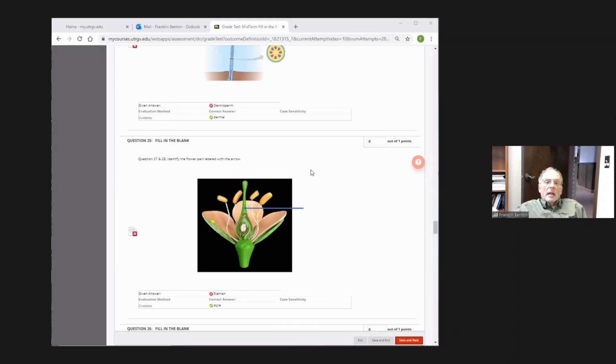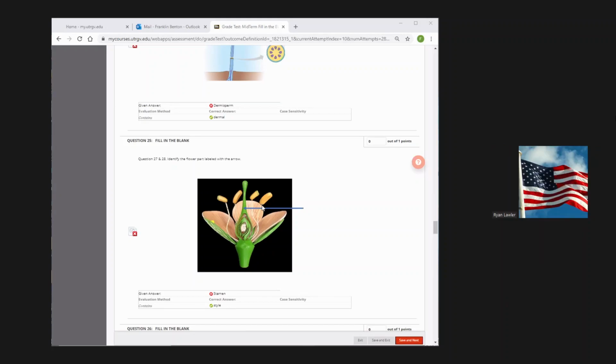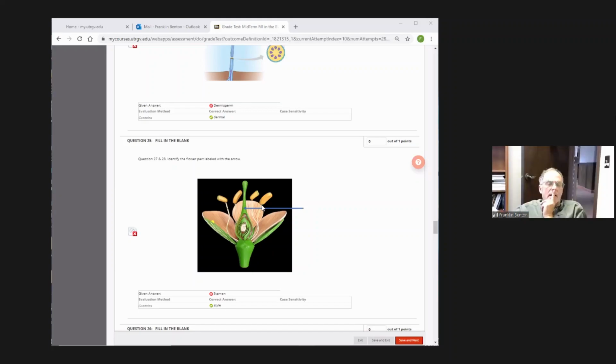If you had one that pointed to this, it is an anther, which is going to be the male reproductive part. Now, what do we call this one little piece right here? The stamen. Isn't the stamen the entire structure and the anther is a little bit at the end? Yeah, you are correct.